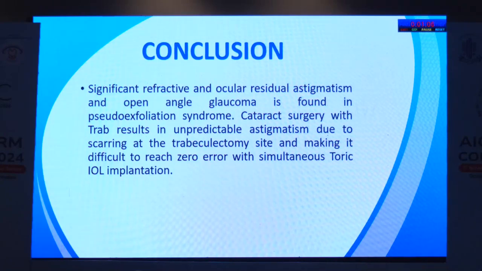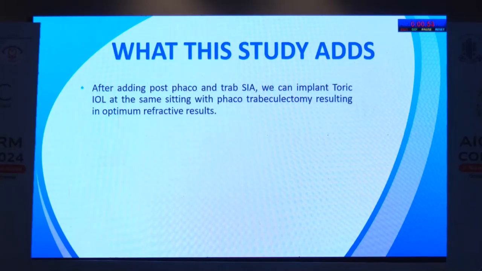Cataract surgery with trab results in unpredictable astigmatism due to scarring at the trabeculectomy site, making it difficult to reach zero error with simultaneous toric IOL implantation. But this study adds that after adding post-phaco trab SIA, we can implant a toric IOL at the same sitting with phaco trabeculectomy, resulting in optimum refractive result.